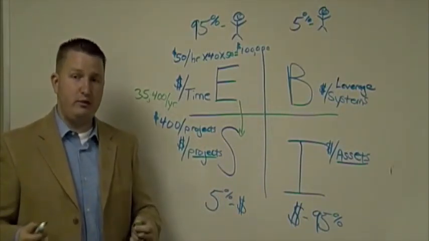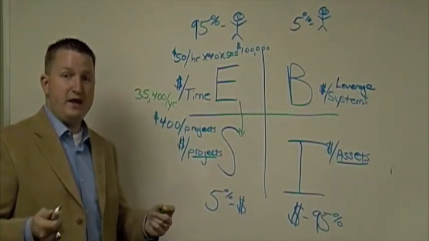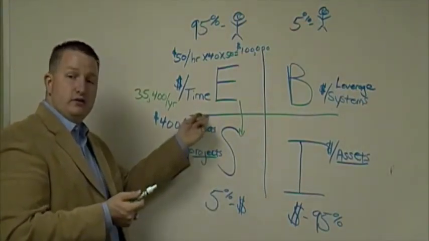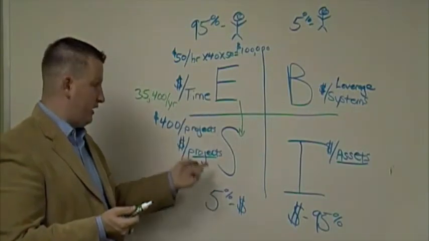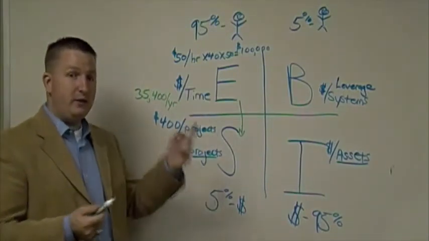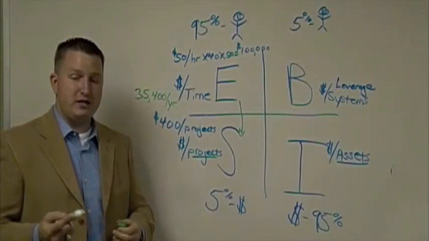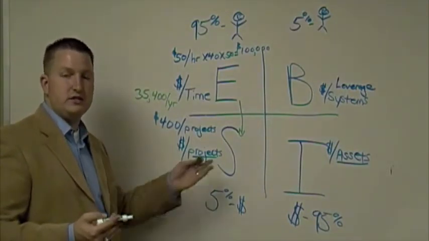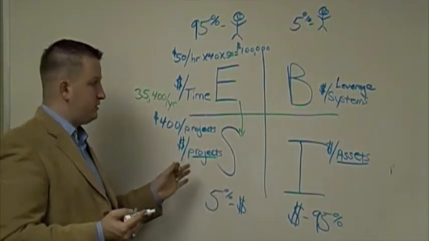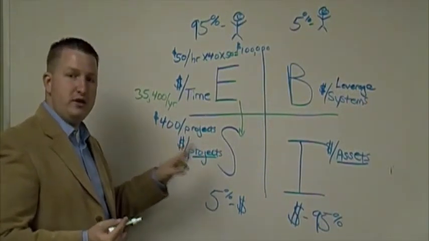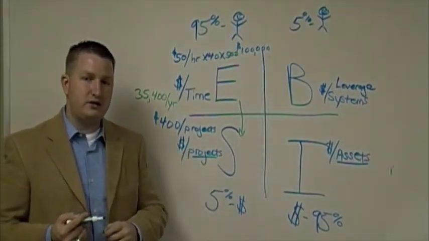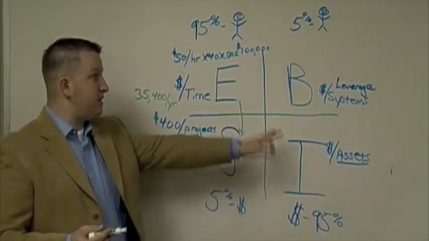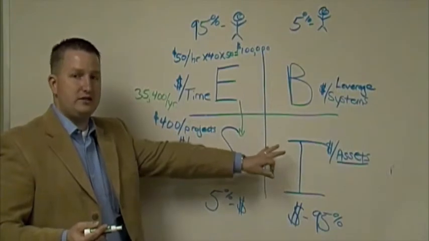And I know a lot of people are not successful with that because we're still thinking in terms of being an employee, and now we're self-employed. And that was my whole thought process. It wasn't until I started reading books and getting educated as a self-employed person that I started to see that just by being self-employed didn't necessarily mean that I was going to be able to leverage myself enough to make the money that I wanted to make on the right-hand side of the quadrant.